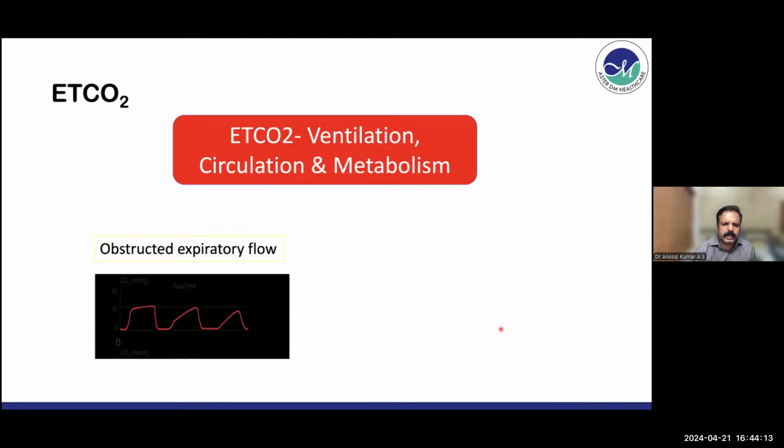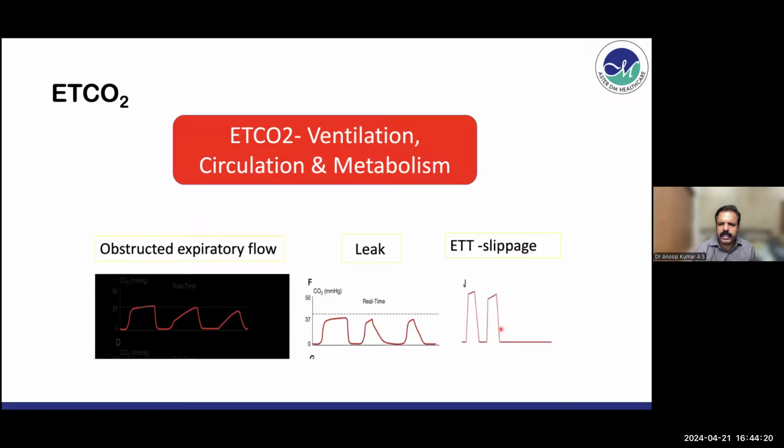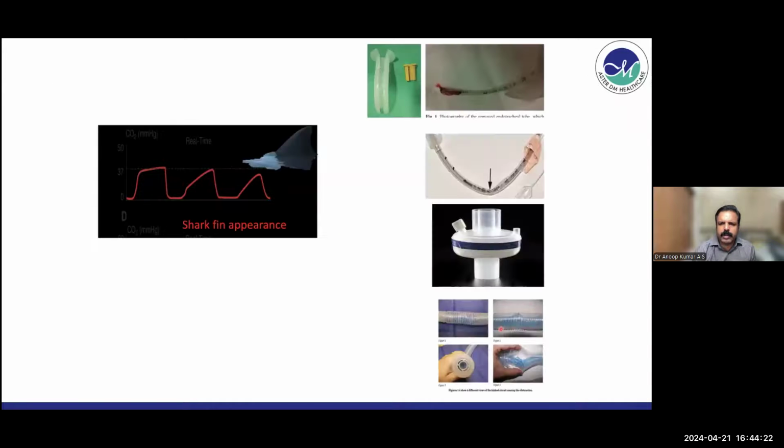And obstructed expiratory flow you can make out from the EtCO2. The leak also is easy to make out from the EtCO2, and other abnormalities you can make out depending on the shark fin appearance, the tube kink, all those things.